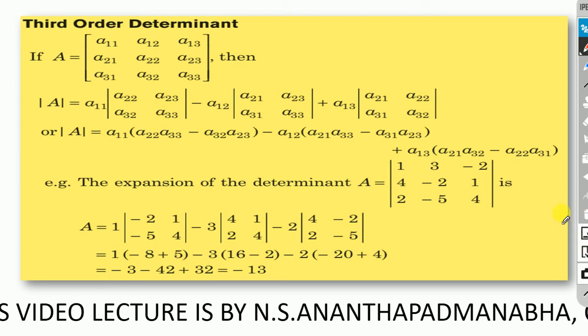So when we expand this, minus 2 into 4 is minus 8, minus of minus 5 is plus 5 into 1 is plus 5 here, minus 3, 4 4s are 16, minus 2 here, and minus 2 into 4 into minus 5, minus 20 plus 4 here. So upon simplification we get minus 13. This is a basic simplification. So when we simplify this, you will get minus 13 as the answer. This is how we expand a third order determinant.